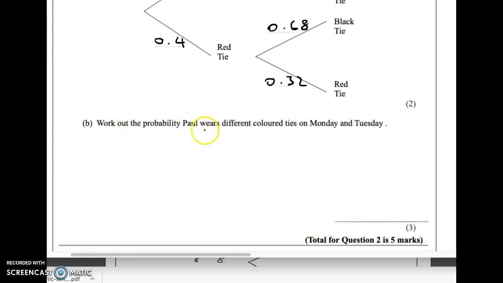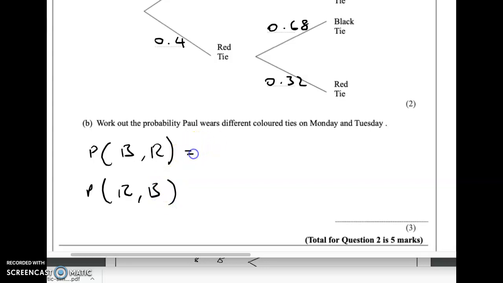Work out the probability Paul wears different coloured ties on Monday and Tuesday. So it's going to be the probability of black and then red, or the probability of red and black.